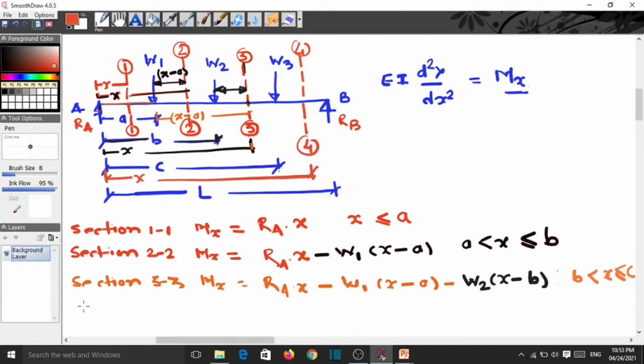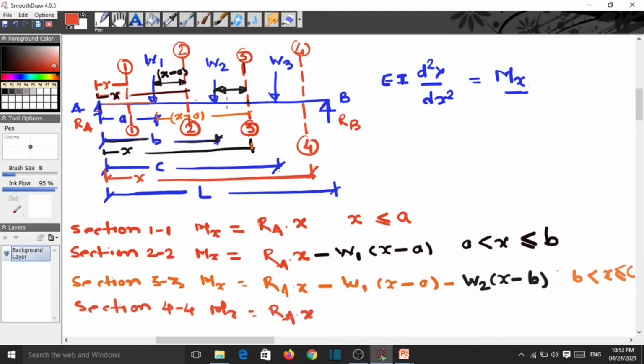So again section 4, M_x is equal to R_A into X. Then this W1.